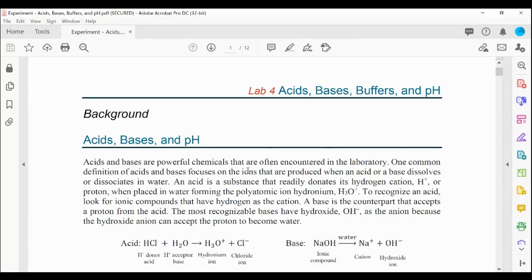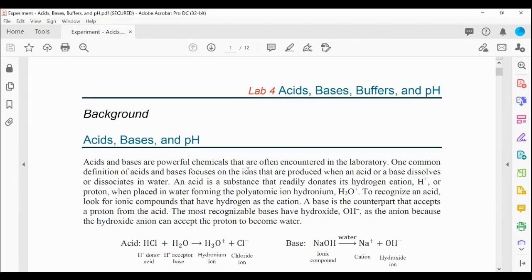So an acid is a proton donor, and a base is a proton acceptor. All these definitions will help us recognize when we have an acid and when we have a base.